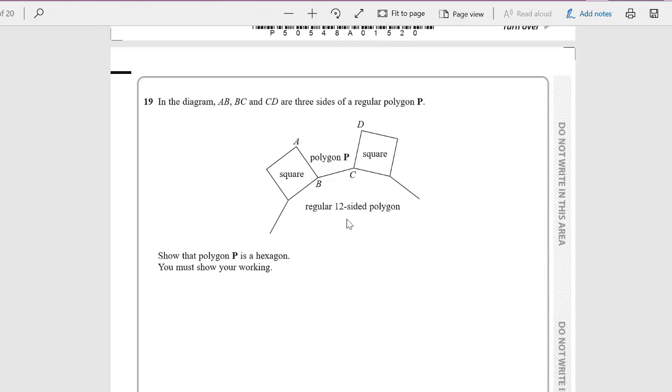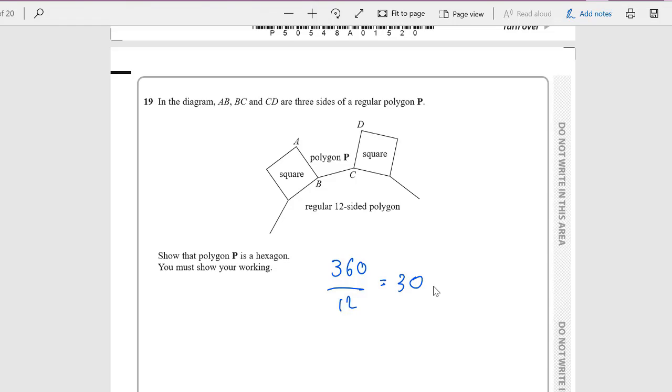we know that for a regular 12-sided polygon, if we think about this, 360 divided by 12 is going to go as 30.